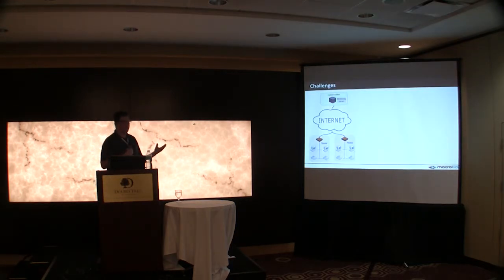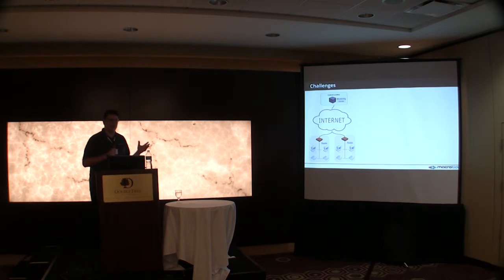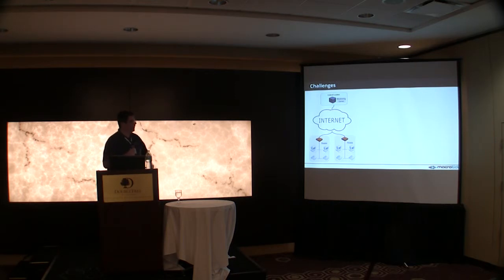If we reflect on a very basic, simplified network diagram, you have a central location, and it doesn't matter if it's open source, paid, or hosted, and you have remote sites, in this case two routers that you would like to monitor.